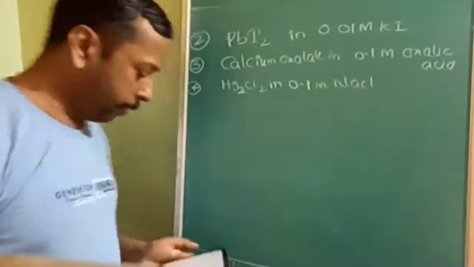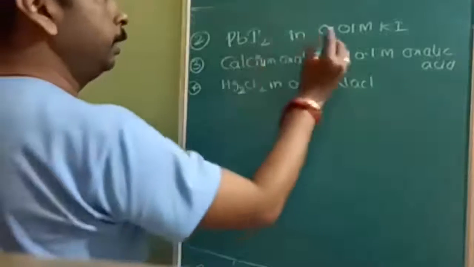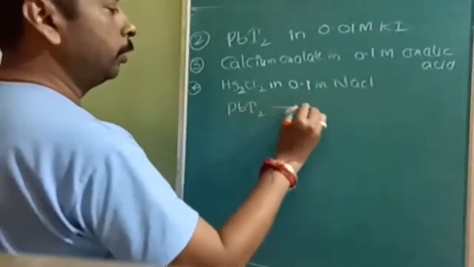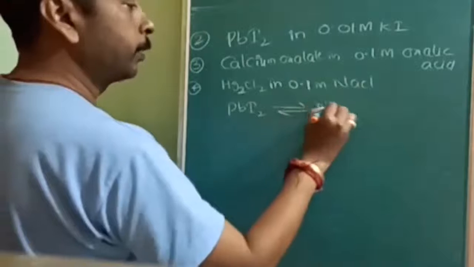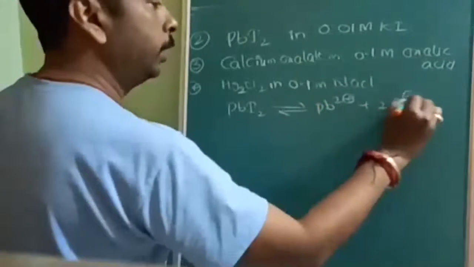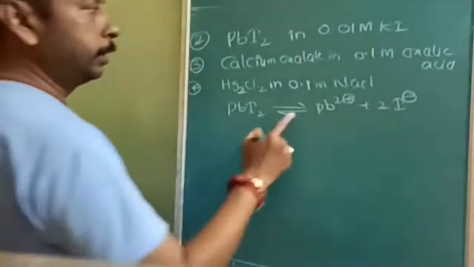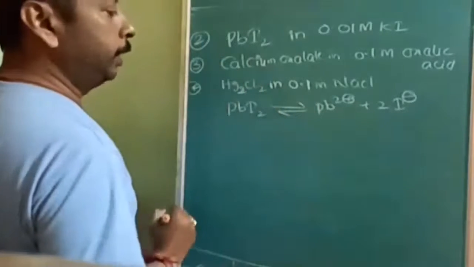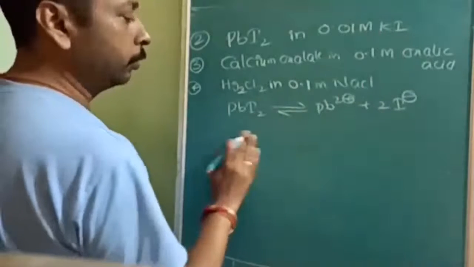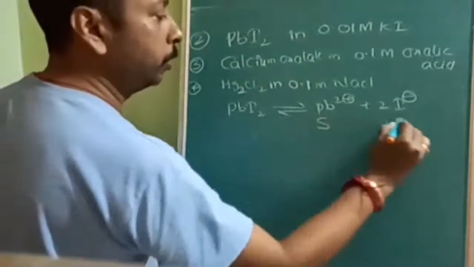In the second part we have to find out PbI2. So PbI2 reversible Pb2+ plus 2I minus. This is reversible because it is sparingly soluble, and KI is completely soluble. So this will be S, this will be 2S.